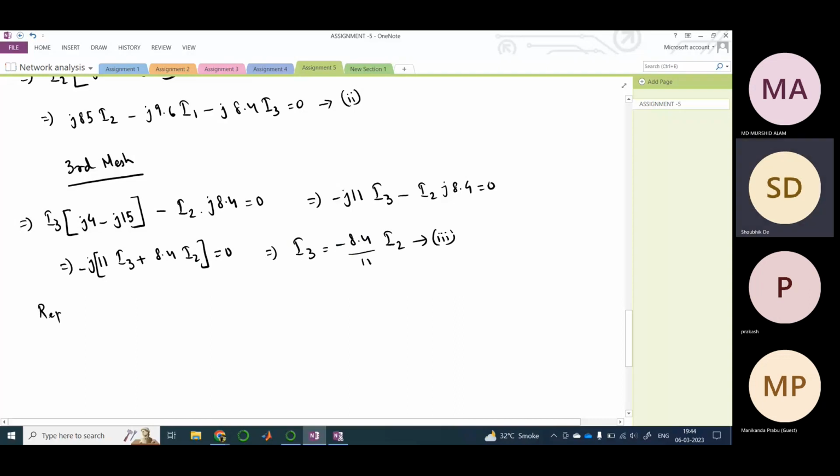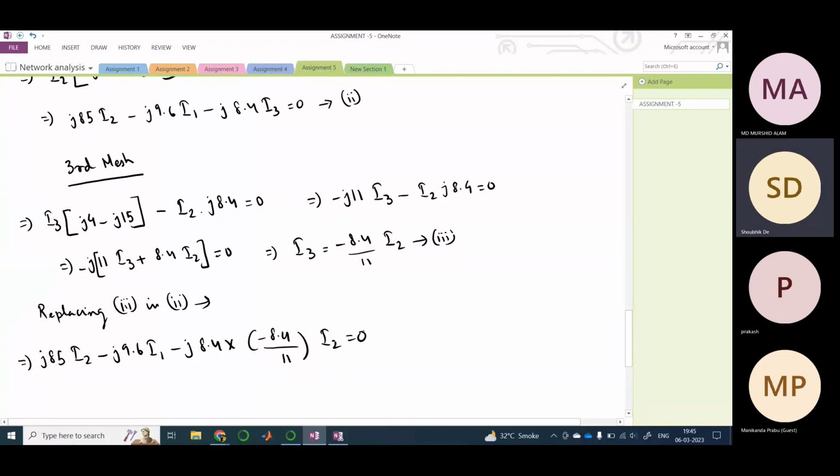Now replacing 3 in 2. So 3 in 2 means what? J85 I2 minus J9.6 I1 minus J8.4 into minus of 8.4 divided by 11 I2.